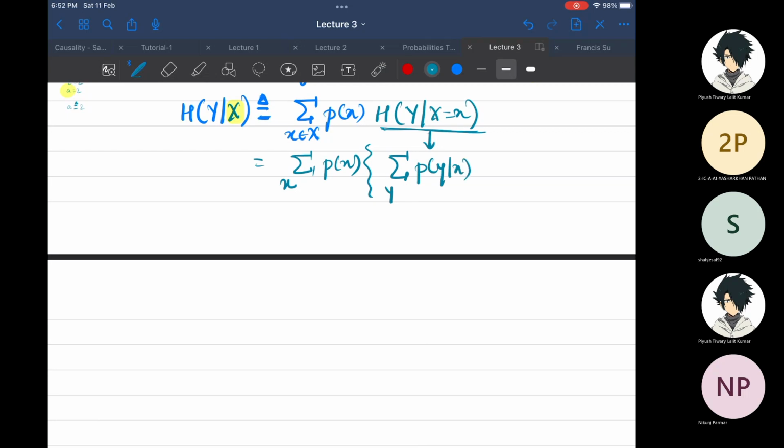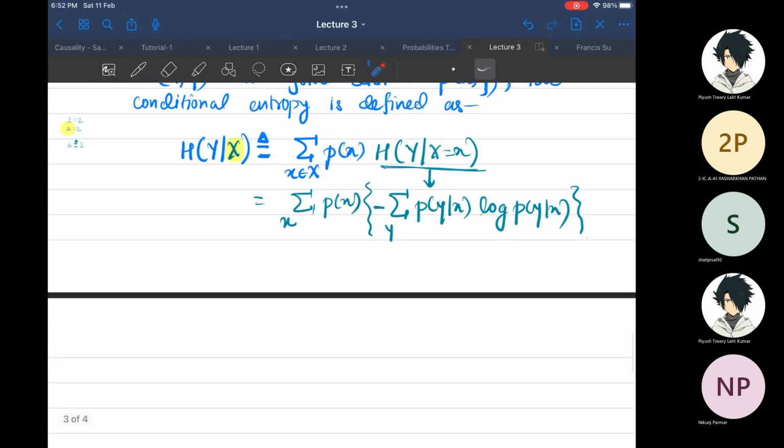So now you will see something that you have always known. So this is negative log of p of y given x. Maybe I should have defined this first and then defined that, but nonetheless let me try.